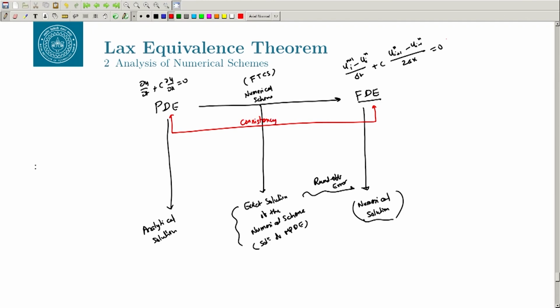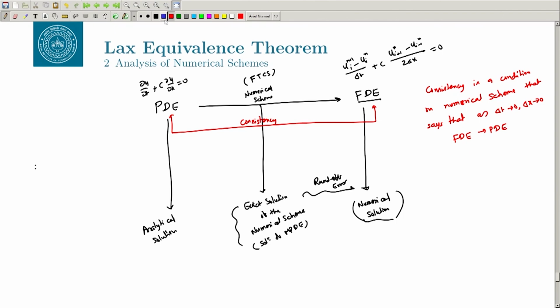So, consistency is a condition on the numerical scheme that says that as delta t goes to 0 and delta x goes to 0, your FDE goes to PDE. That is your consistency.